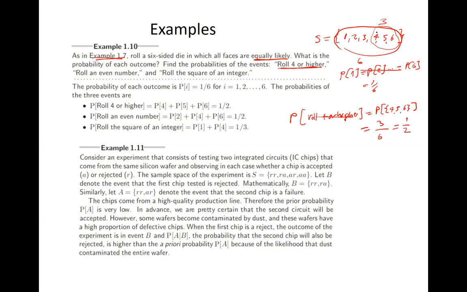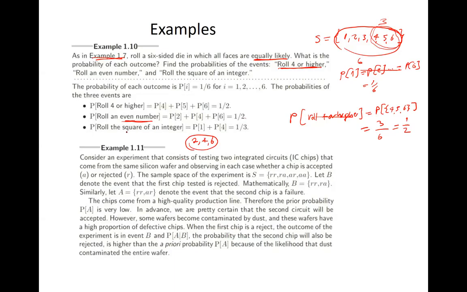So we count the number of outcomes in here and divide the total number of outcomes in the sample space. Roll an even number. So for even numbers, we have 2, 4, and 6. So again, 3. So 3 divided by 6 is 1/2.